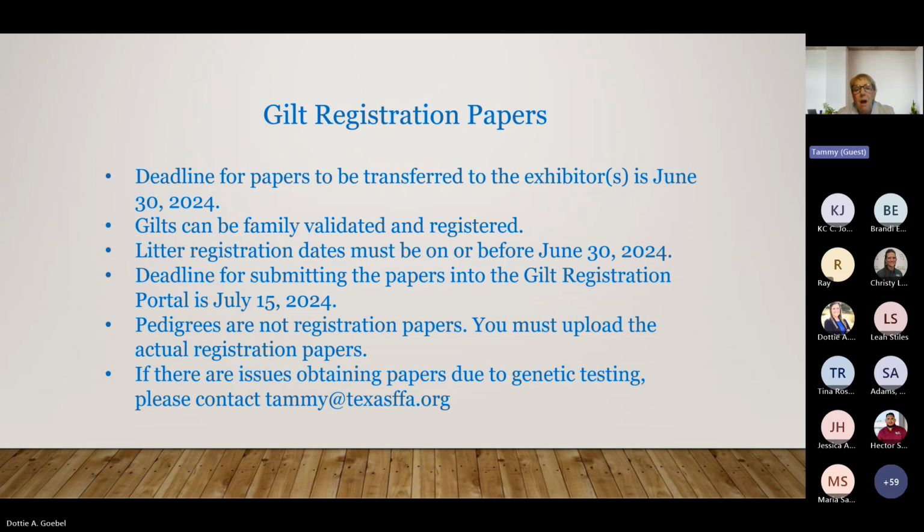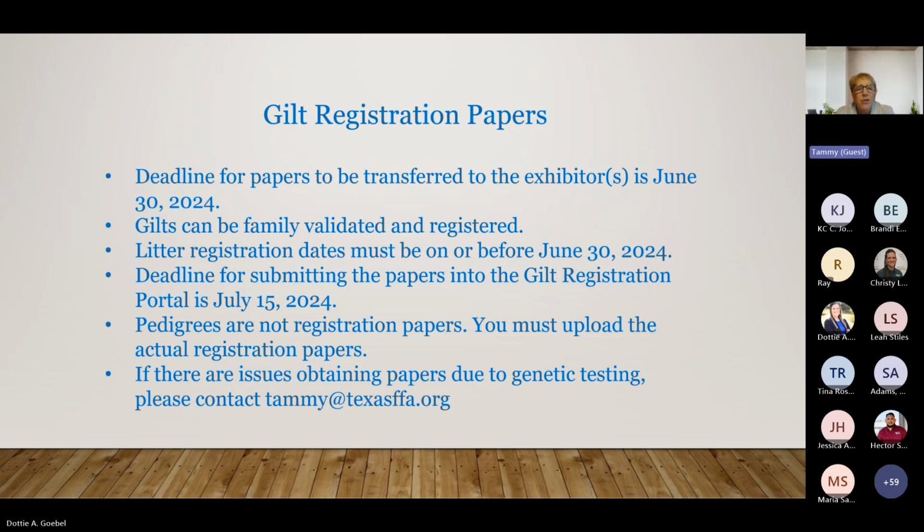Those things cannot be registered in the name of the family, like Smith family, Smith kids, or Smith farms. It has to have each individual exhibitor's name on the registration papers. If their name is not on the registration papers, they will not be eligible to show.